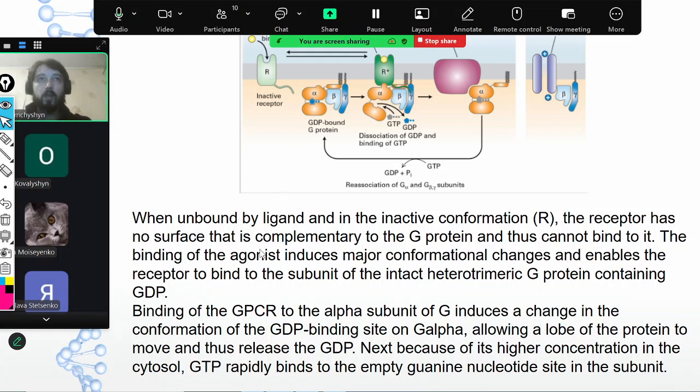So now the GPCR binds to the G protein and induces a change in the conformation. The G protein is a trimer. It consists of G alpha, G beta, and G gamma.